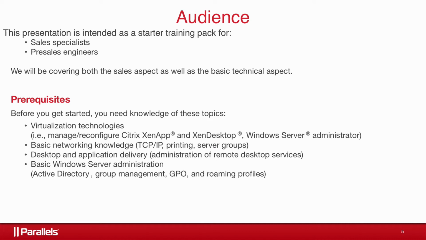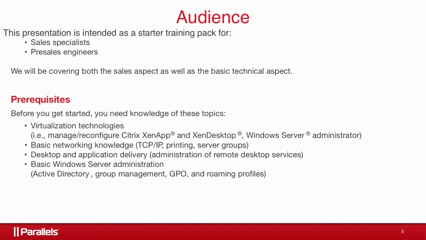But remember, the prerequisites for you to clearly understand an easy sell or reference to our technology: you need to understand a little bit about virtualization technologies, for example, Citrix XenApp or XenDesktop. Basic networking knowledge: what is networking, printing, or even server groups or an Active Directory domain?